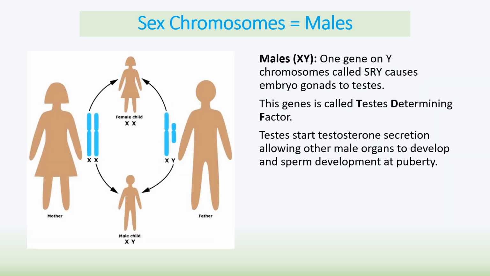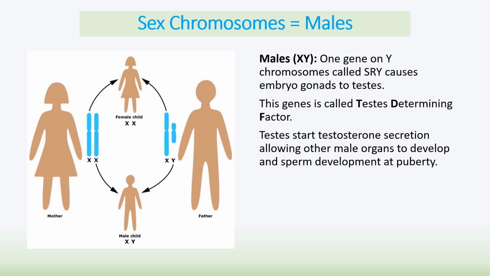So when we're talking about sex chromosomes, we need to know a little bit more about them. The male is XY, okay, and one gene on the Y chromosome called the SRY gene causes the embryo gonads to become testes. This is called the testes determining factor, and the testes then start testosterone secretion, allowing other male organs to develop during puberty.